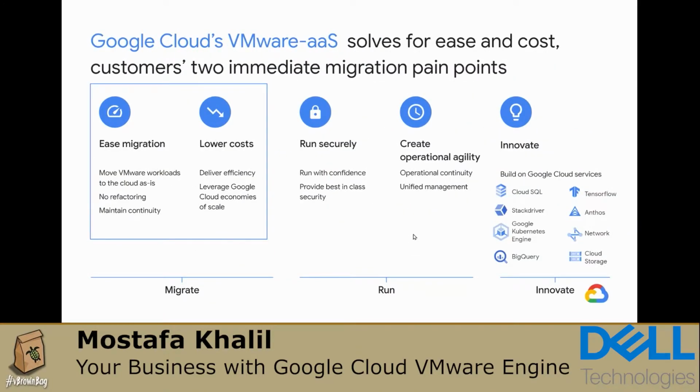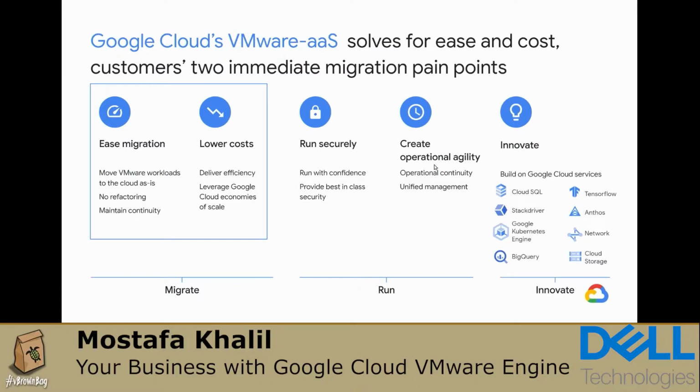Google Cloud VMware Engine solves many customer use cases and solutions, resolves many issues. So it has ease of migration and at lower cost and runs securely. For example, in addition to the overall security, we also deploy vSAN encryption out of the box using Google Cloud KMS service.